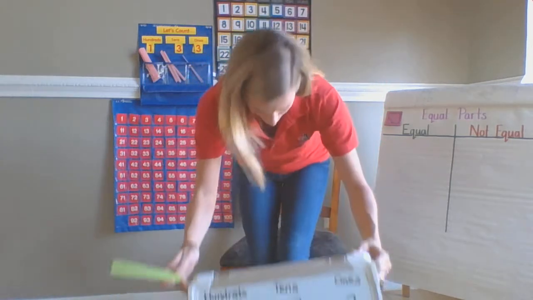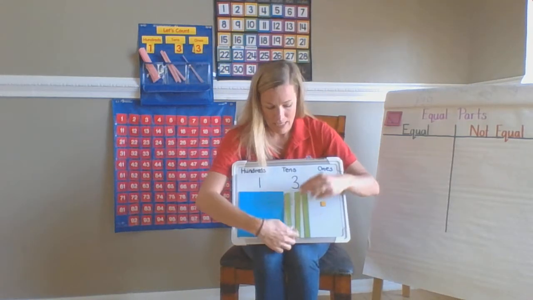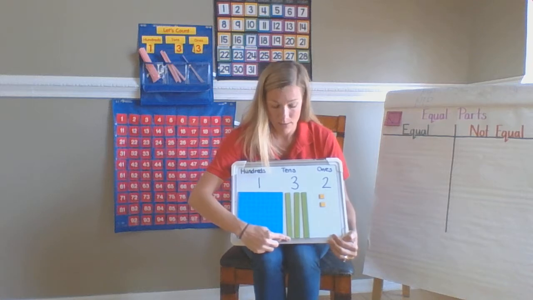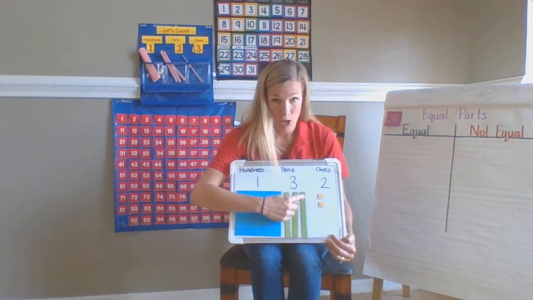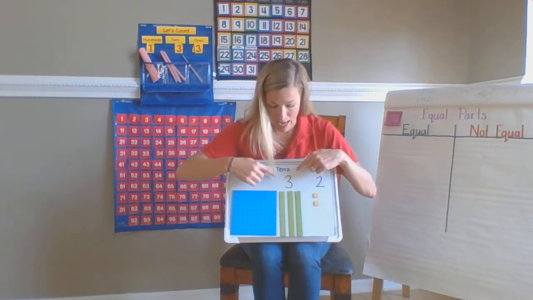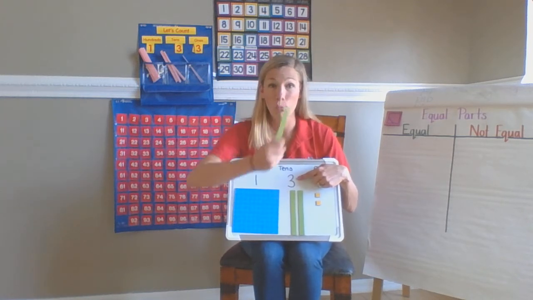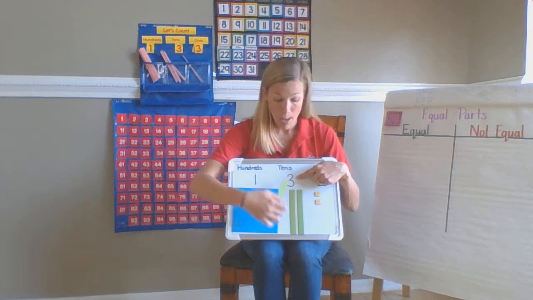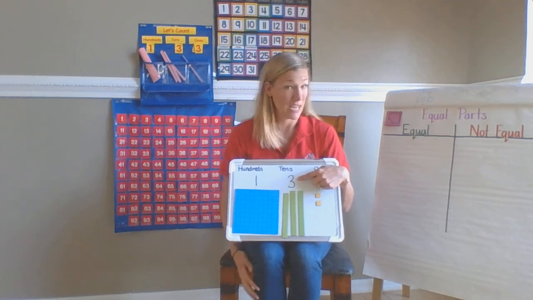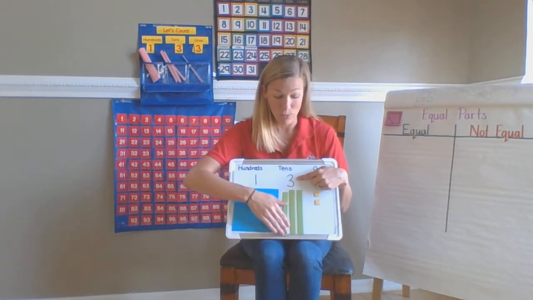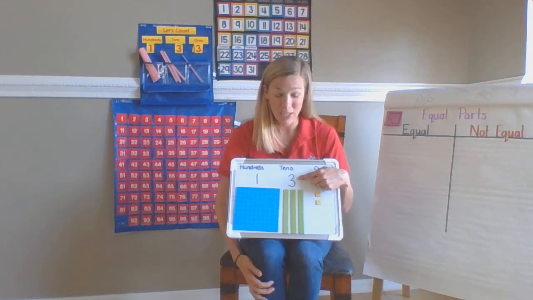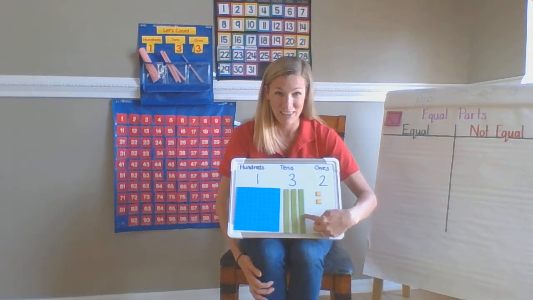So let's try that, friends. Here I've got 10, 20, 30. Now in that place value, I wrote the number 3 because that's how many groups of 10 I have. But that 3 doesn't mean 3. That 3 means 30. 10, 20, 30.